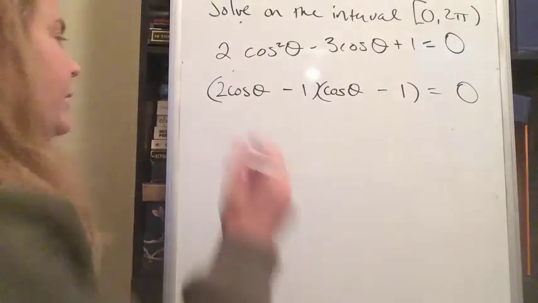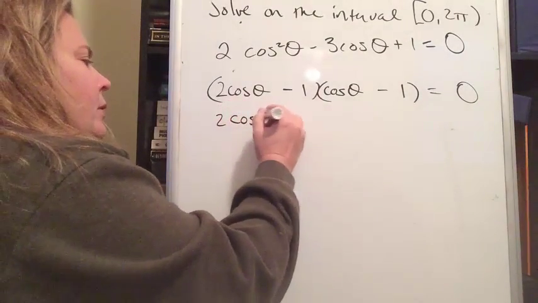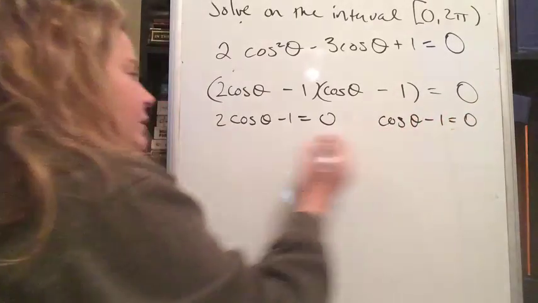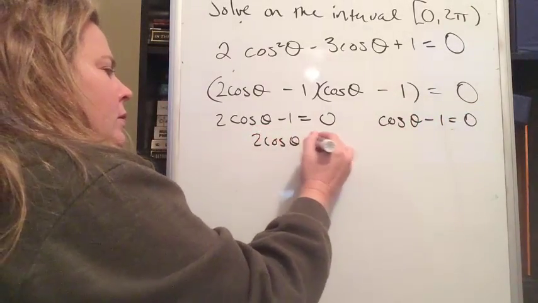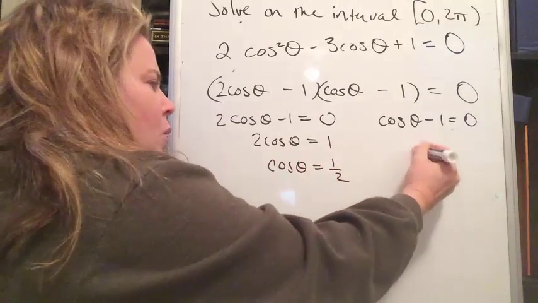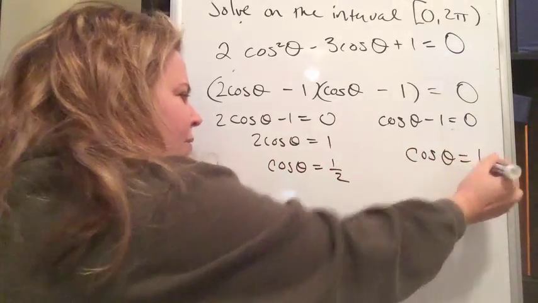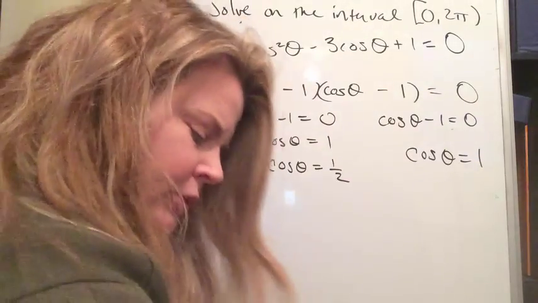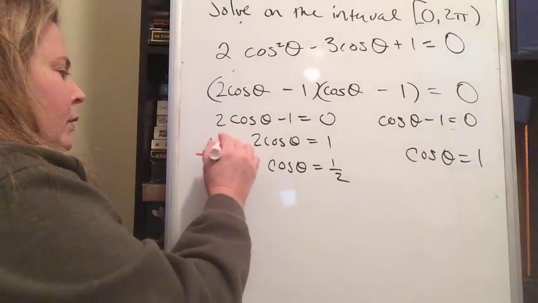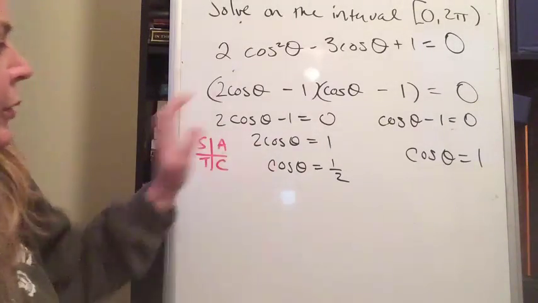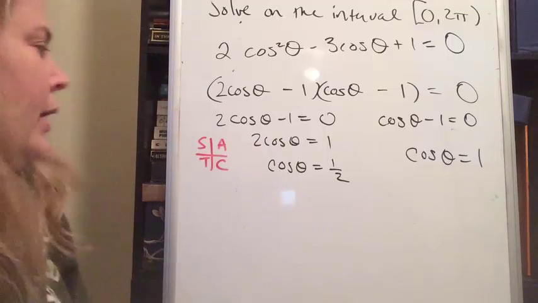So what do we do? Set each factor equal to 0 and solve each of these equations. Bring the 1 over, divide by 2. So we're looking at when is cosine equal to a half and when is cosine equal to 1. All right, remember, we're just doing it between 0 and 2 pi, so I can just look through these quadrants.